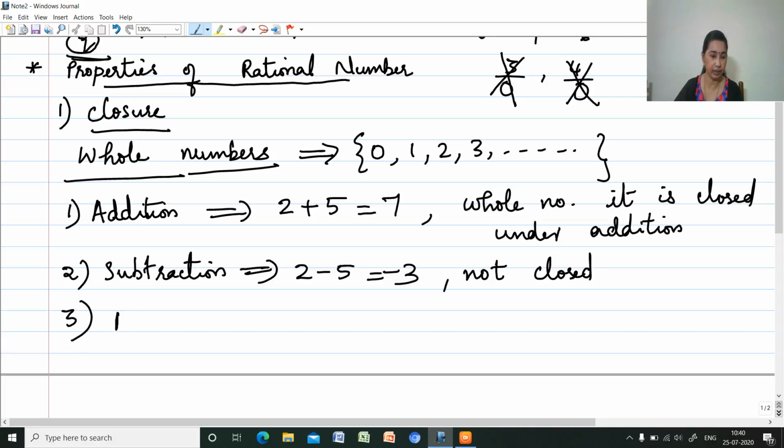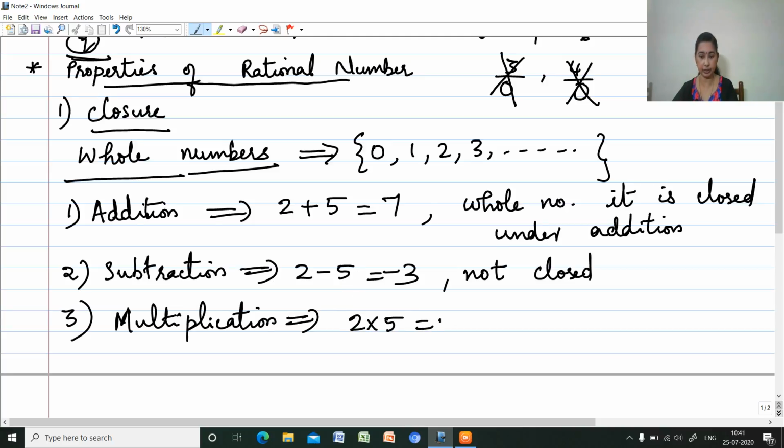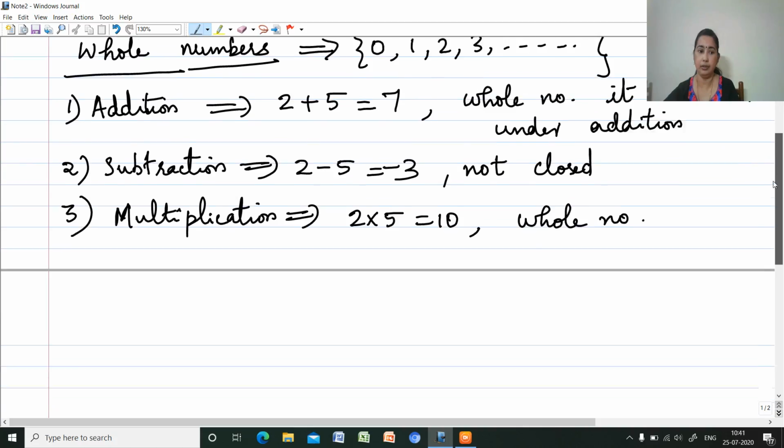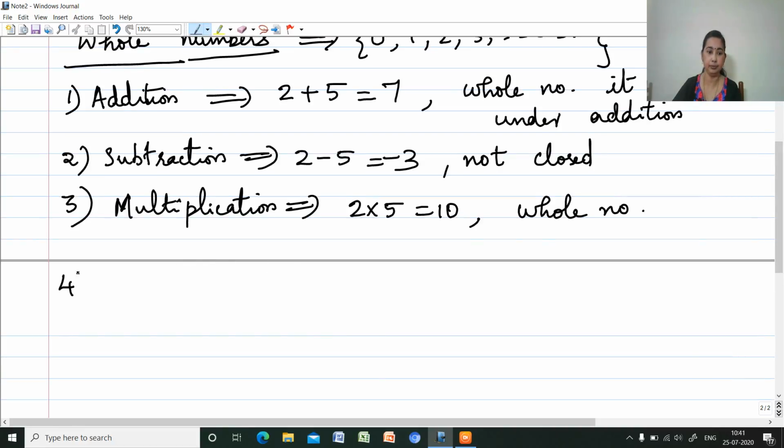Now the third one is multiplication. Multiplying two whole numbers, 2 into 5, we get 10. That is again a whole number itself. So whole numbers are closed under multiplication. Then the fourth one, division.